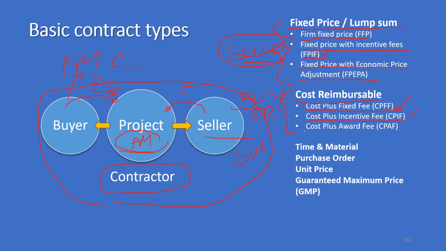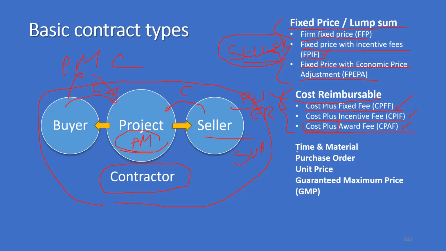Then cost plus award fee. Again, an advance is given to you. So the moment you land in that country, you get maybe $5,000 as an advance, followed by, on a day-to-day basis, the cost is reimbursed to you. So that is a slight variant of cost plus incentive fee. Here you get an advance, that is advance or award. So that is known as CPAF.